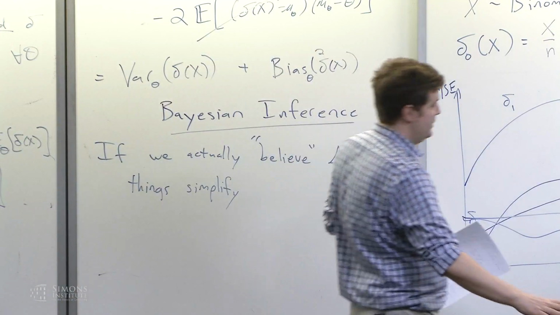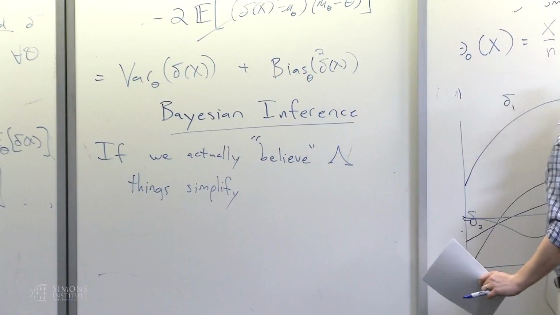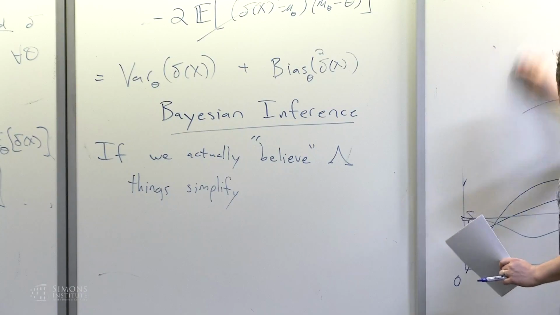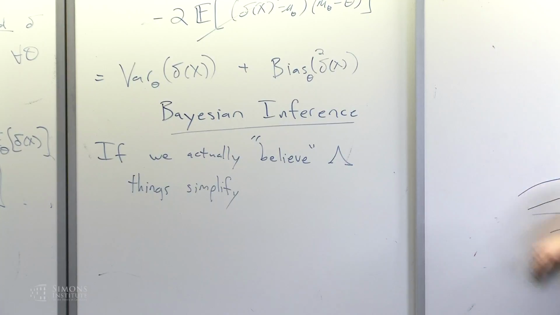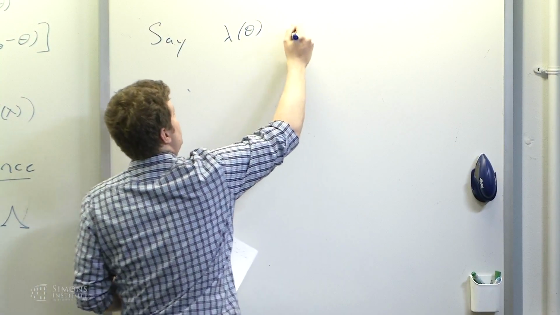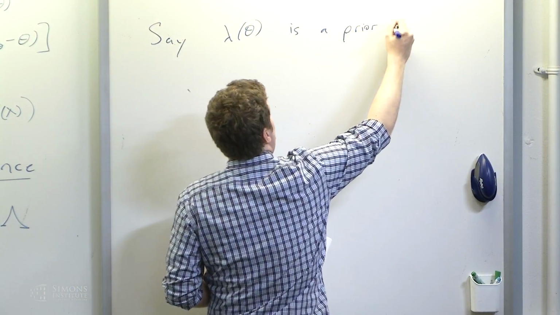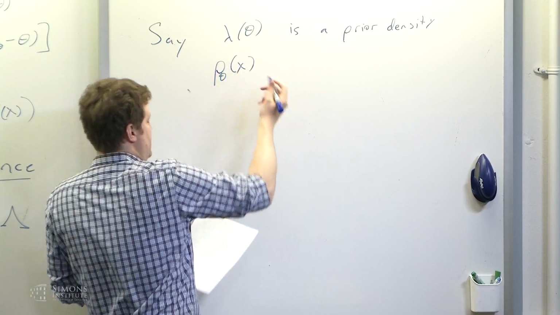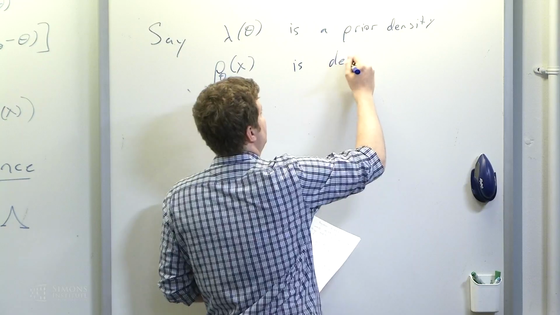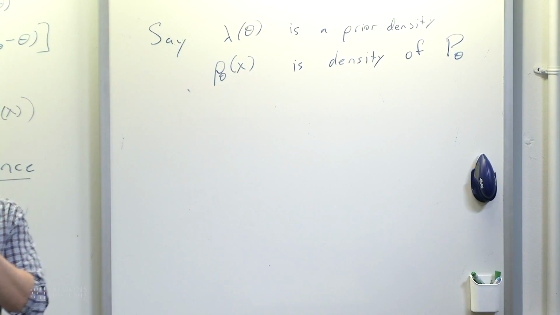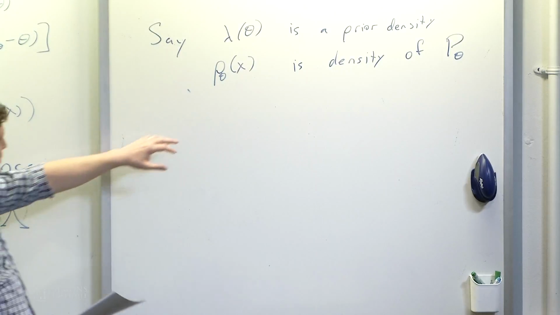Say we have some prior density, lambda of theta, and p theta of x is the density of the distribution in our model corresponding to theta.